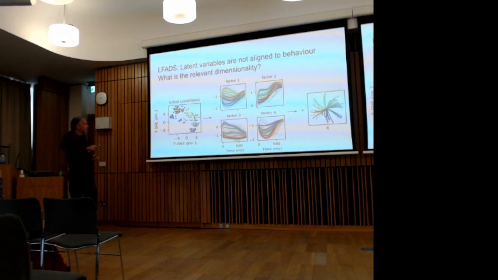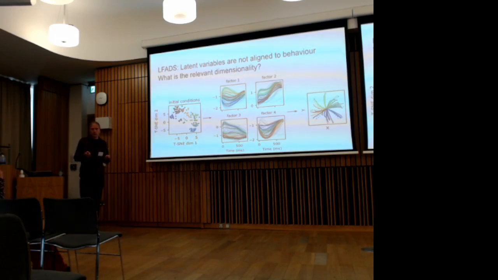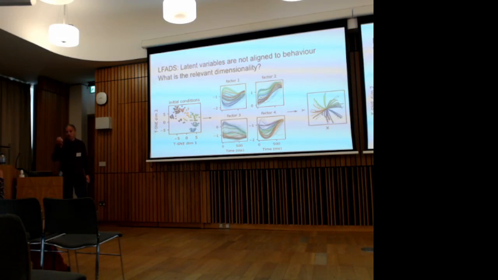The second question is whether we can find more informative latent factors, in particular factors that might correspond to behavior, and maybe latent factors which correspond to other things. I don't know if you work with neural data, but I think you will encounter this sooner or later. You take a neural data set recorded during behavior.